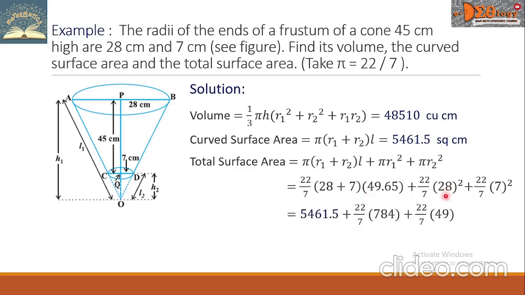Then, the square of 28 is 784, and 7 square is 49. Let us simplify this product. 22 times 784 divided by 7, that will be 2,464. 22 times 49 divided by 7 is 154. Then we will take the final sum, and that is now 8,079.5 square centimeter. This is the total surface area.